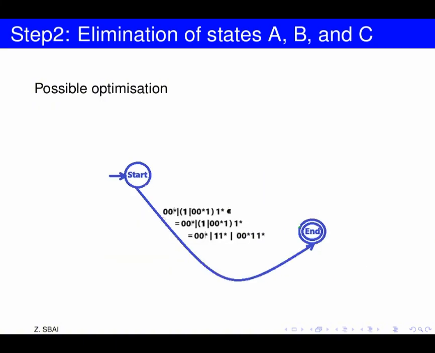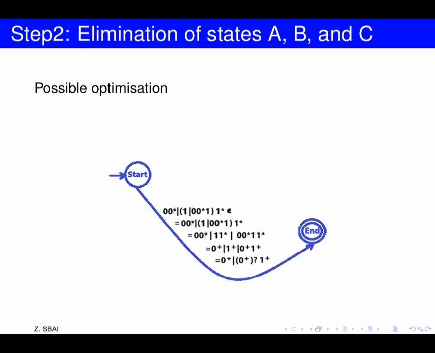We may optimize, we may write here, for example, the union followed by the concatenation as the union of two regular expressions, which are 1 1 star union 0 0 star 1 and 1 star.